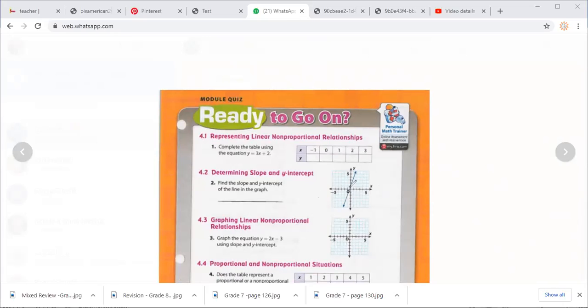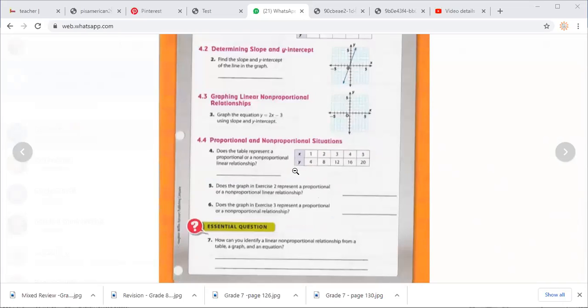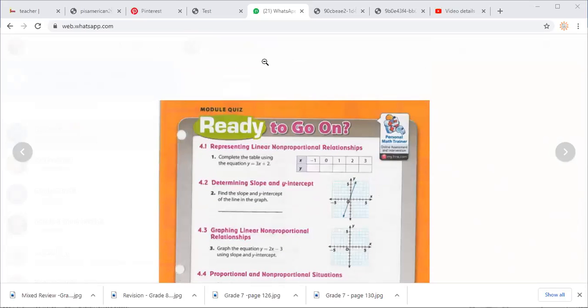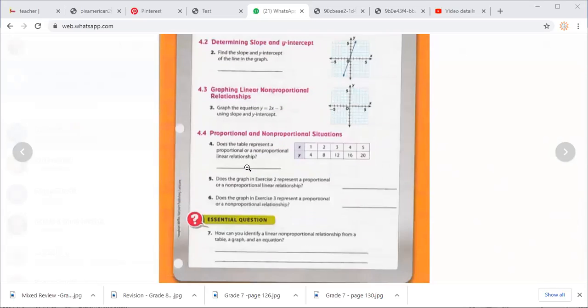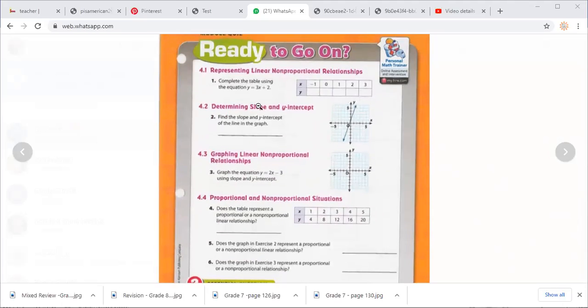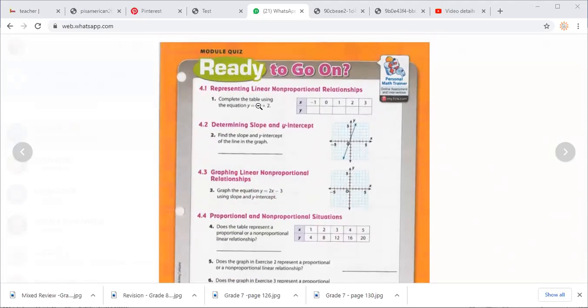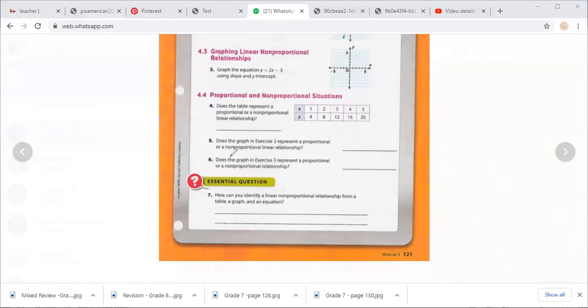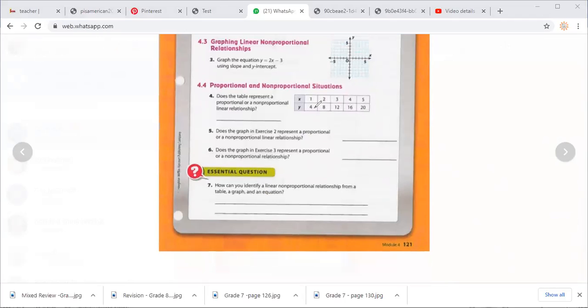To select 2 points, for example (4, 4), we will choose any 2 ordered pairs here.